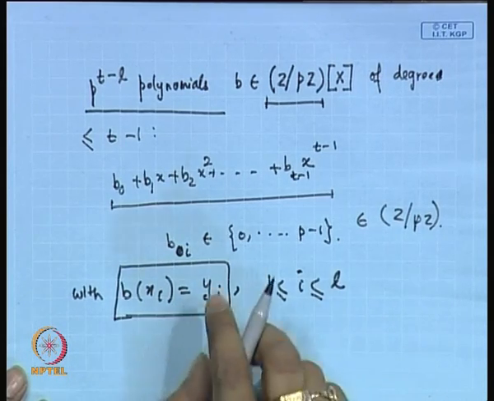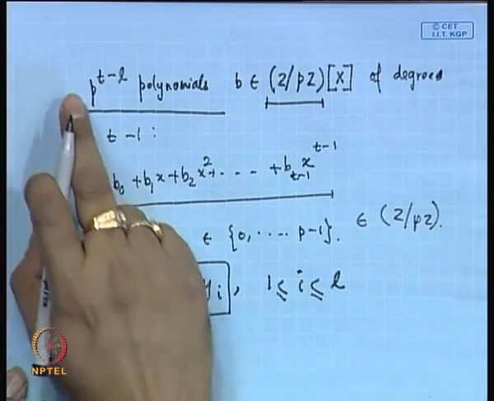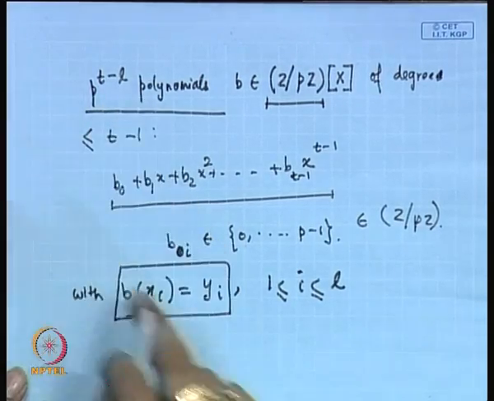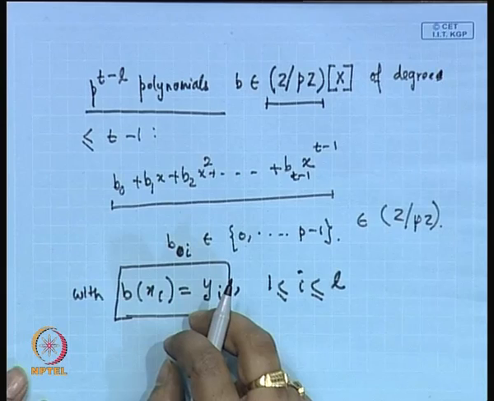And how many such polynomials can we construct? There are exactly p to the power of t minus L such polynomials.